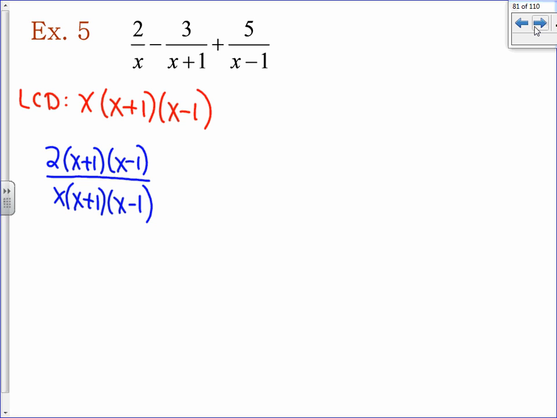I'll use black to indicate what was originally there. So this is what was originally there. And then I had to multiply top and bottom by x plus 1, x minus 1. So the LCD was there. Don't forget it's minus 3, so I'm going to do plus negative 3.